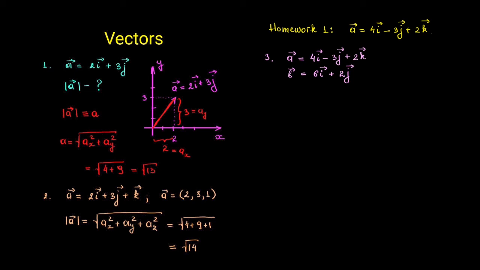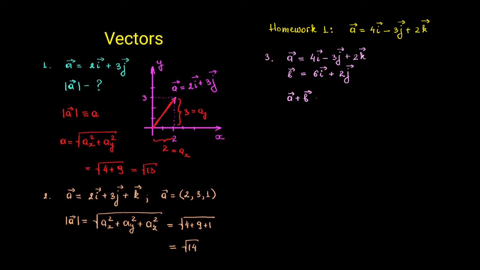Now let's find the A plus B vector. How do we add two vectors? So for the addition of these two vectors, we have to add corresponding components, right?